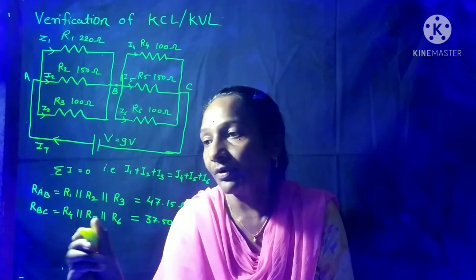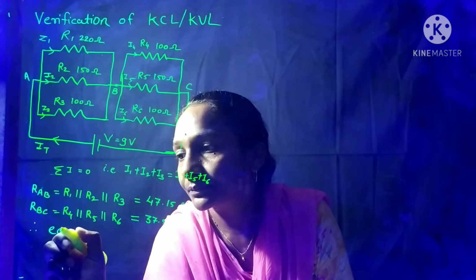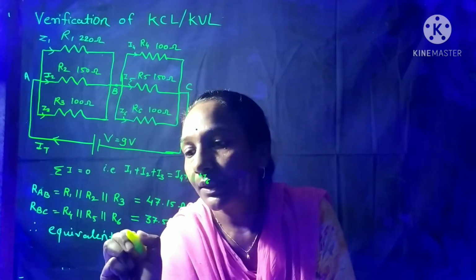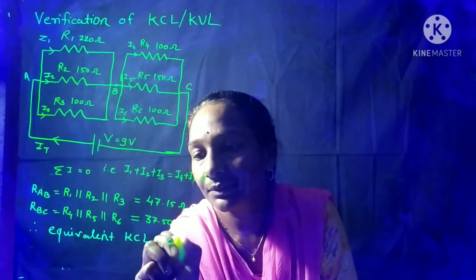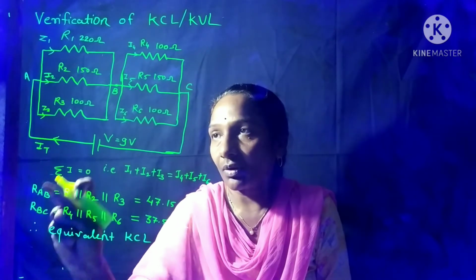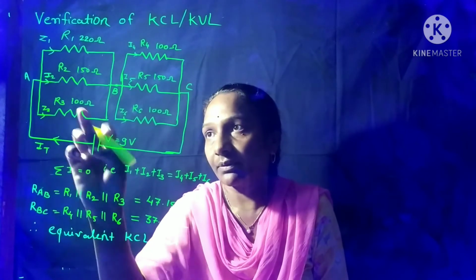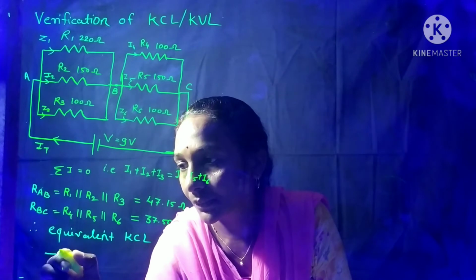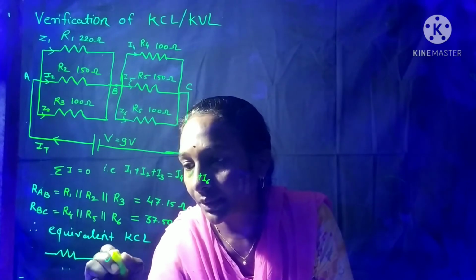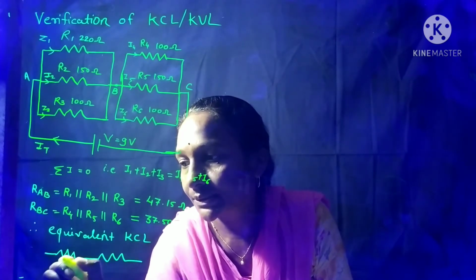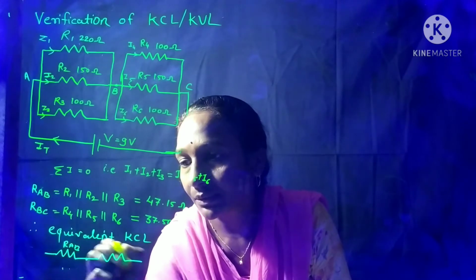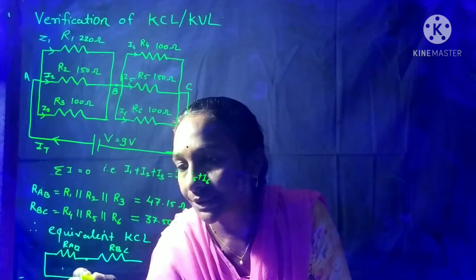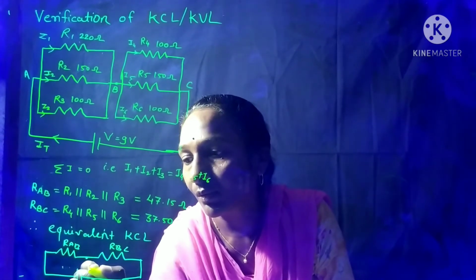Therefore, the equivalent circuit is the series of both equivalent resistances, RAB and RBC. This is RAB, this is RBC. Both are in series and the applied voltage is equal to 9 volt.